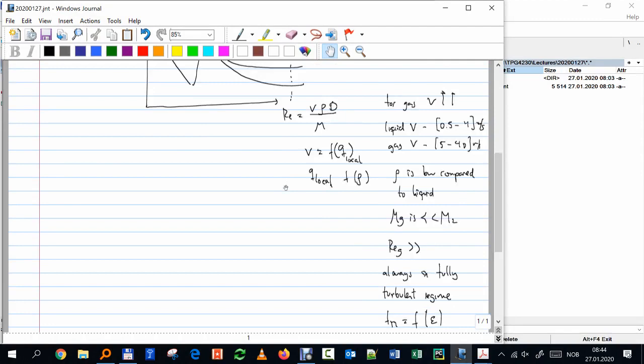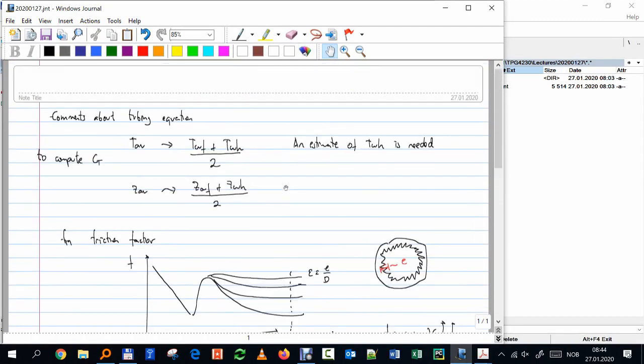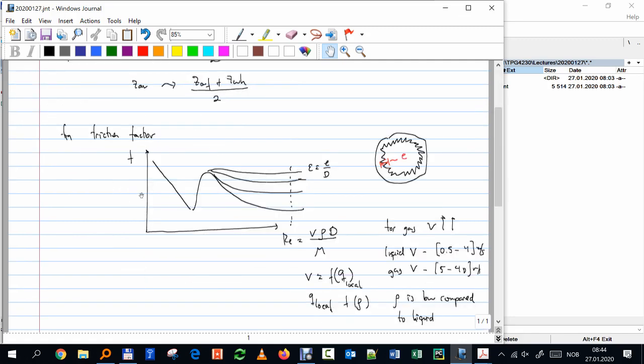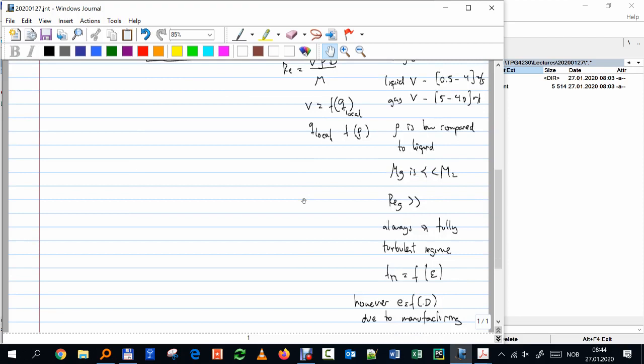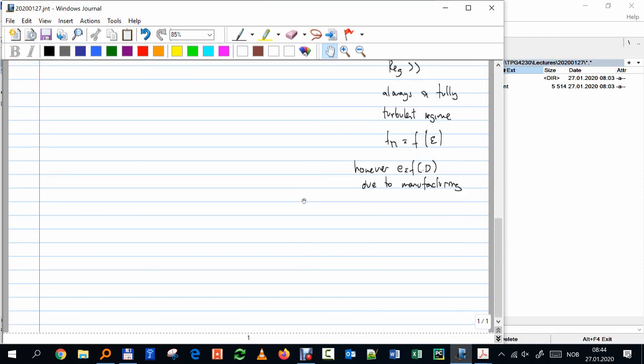So just that comment that these are some approximations you have to be aware of when using this equation, the tubing, dry gas tubing equation. I have to assume an average temperature, and also the friction factor I'm assuming is always in this range, which for gas is a good approximation.